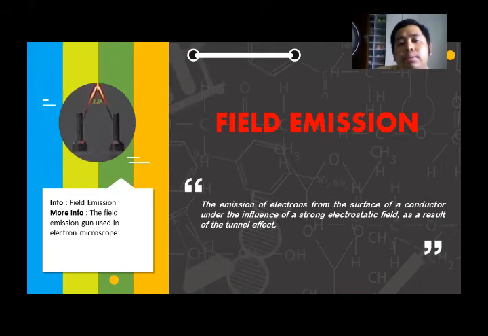Next application, we will focus on the field emission. So field emission is the emission of electrons from the surface of a conductor under the influence of a strong electrostatic field as a result of the tunnel effect. So the field emission is widely used in the field emission gun, which is used in the electron microscope.